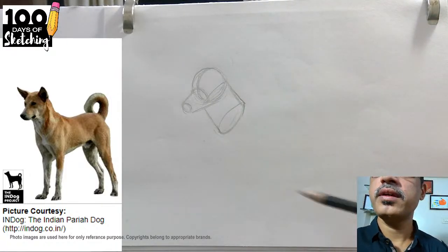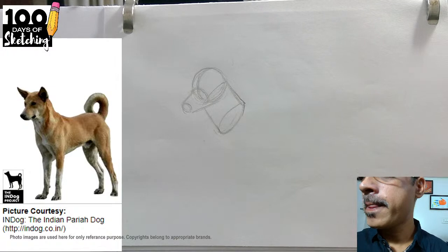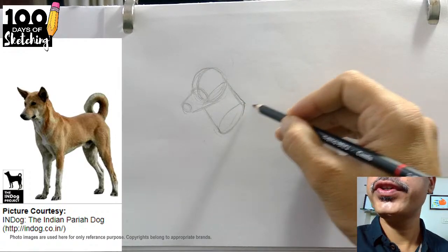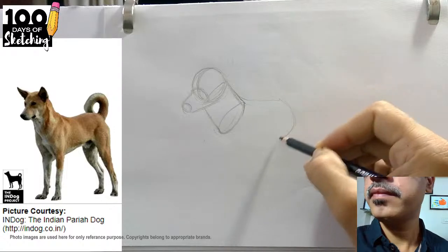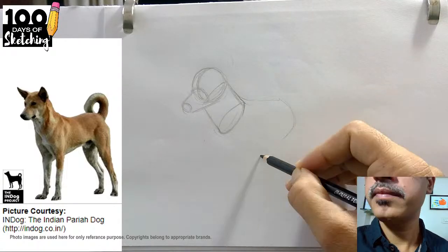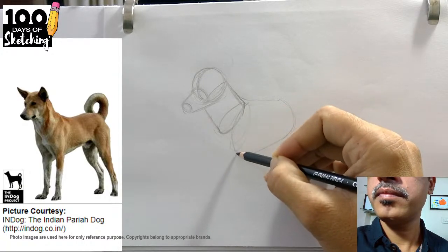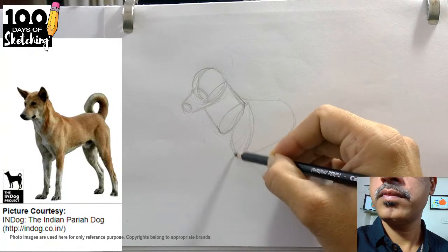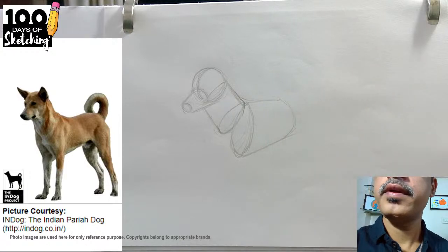So this is the one sphere here, then a cylinder, another cylinder attached here, and for the body also I'm seeing a cylindrical form, which is this one.